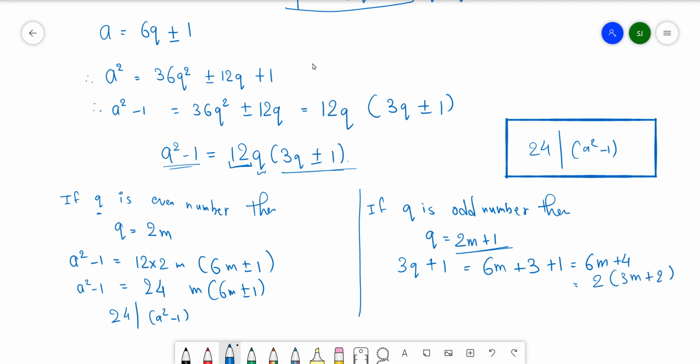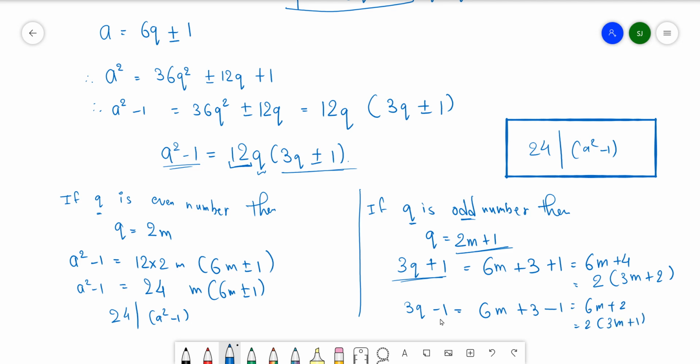Right? So I found if my q is an odd number, this is coming out to be an even number. Similarly, if I consider 3q minus 1, then it is 6m plus 3 minus 1, that is 6m plus 2, 2 times 3m plus 1.